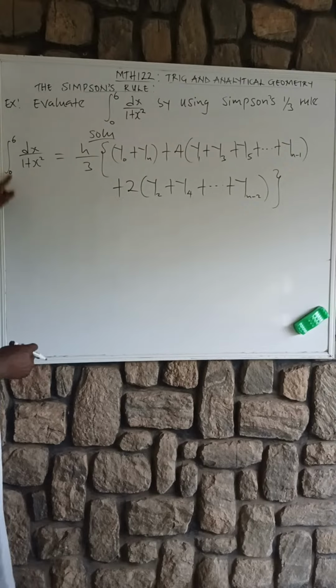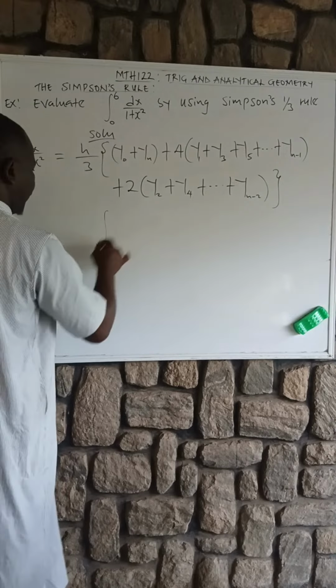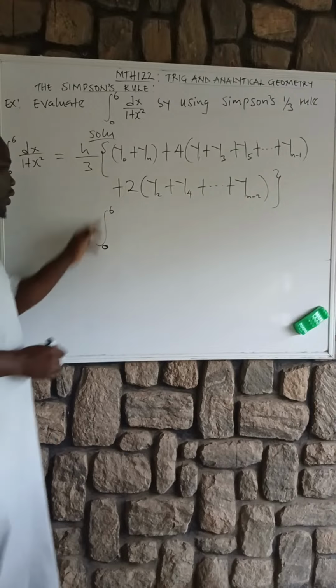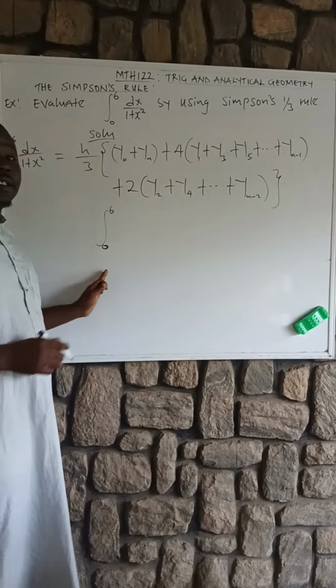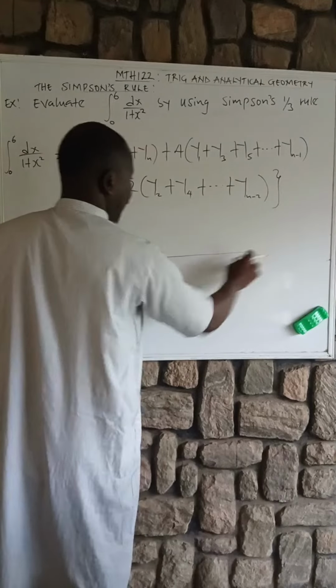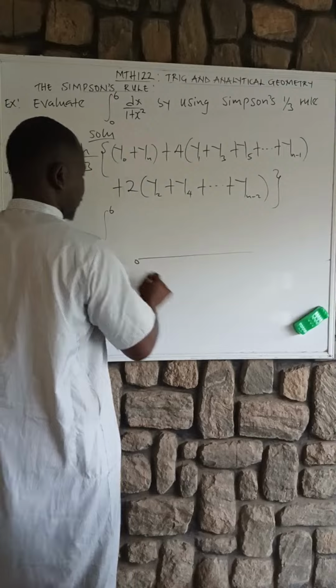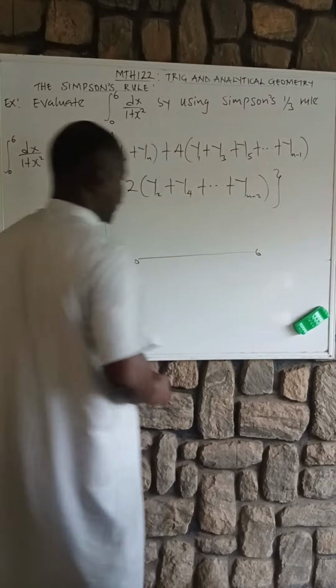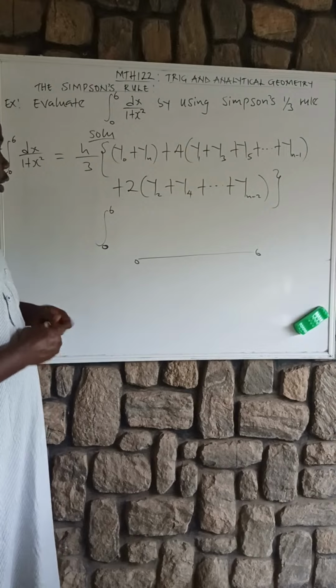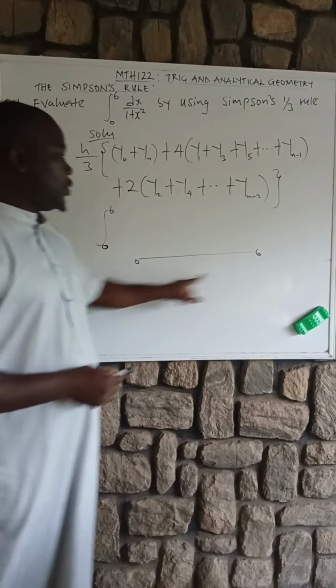If we have the integral from 0 to 6, let us have our number line. This integral is running from 0 to 6.